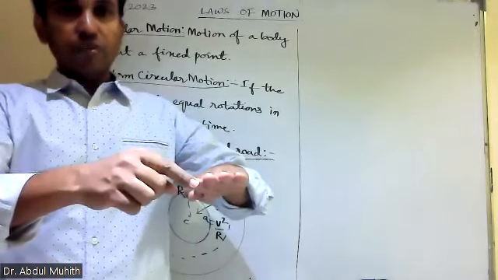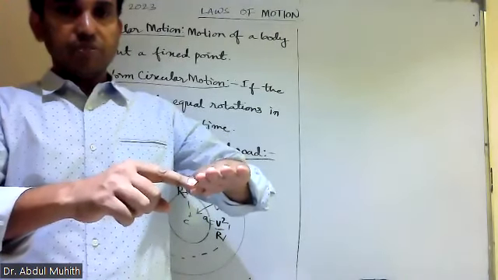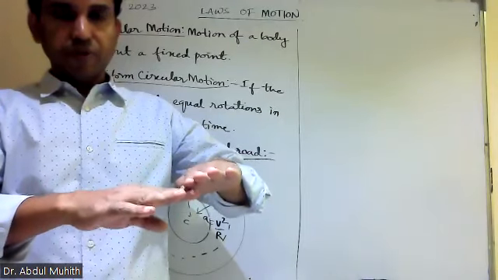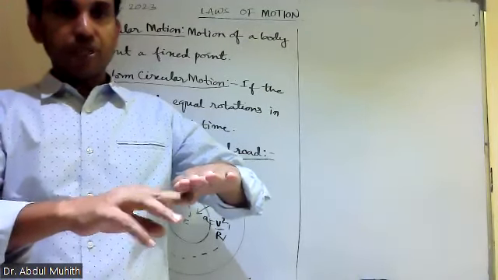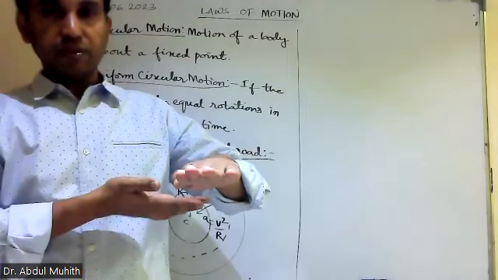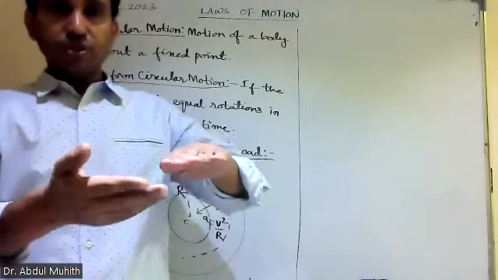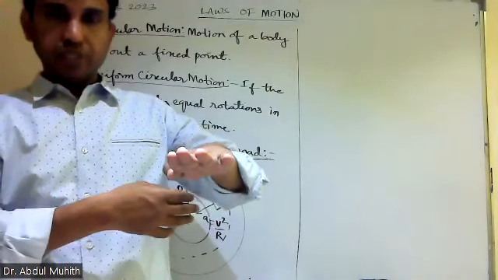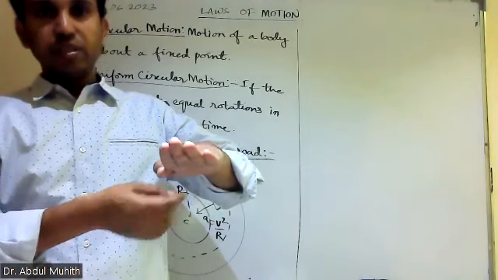Now, how about the kinetic friction? The kinetic friction is between the body and the surface, between the tire and the road. It is kinetic friction or rolling friction, whatever it is, and it acts in the opposite direction. When the car is coming towards you, the kinetic friction or rolling friction is acting backward. Is that clear?